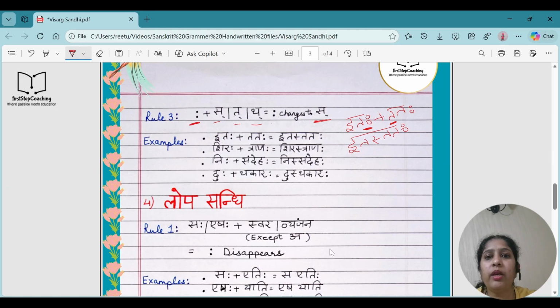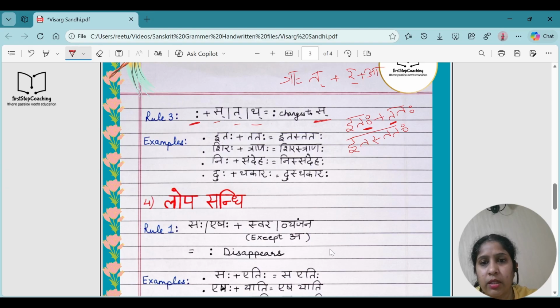Fine. This word we use often in our avyaya, the declinables. If you have remembered, it means here and there. Itas tatah means here and there. Now, the second example, shiraha plus tranaha is going to give you shirastranaha. So now you remember tra is nothing but ta plus ra, correct? And if you have to make tra, it is ta plus ra plus a.